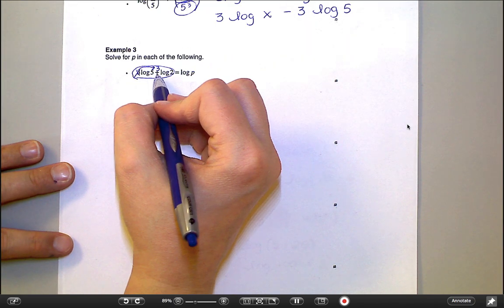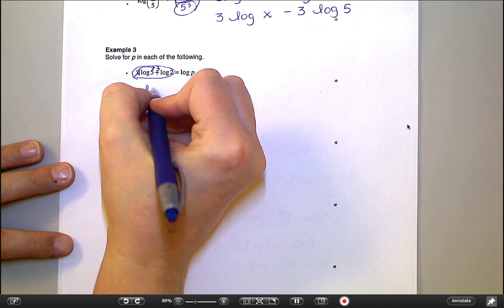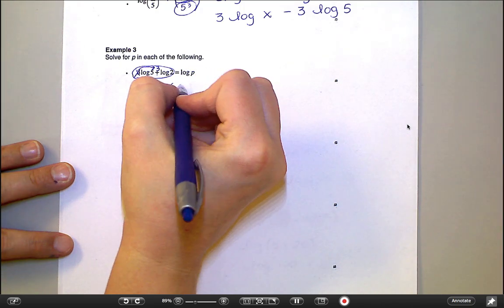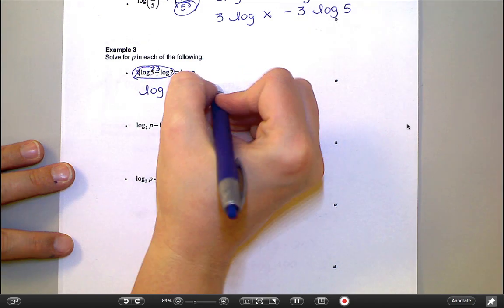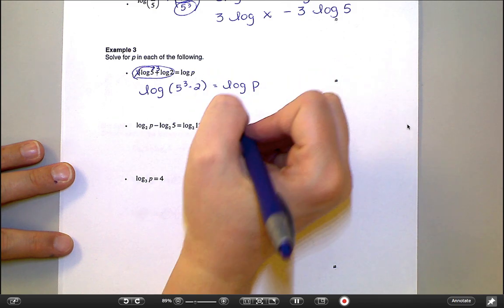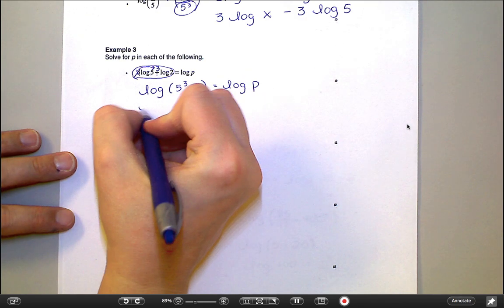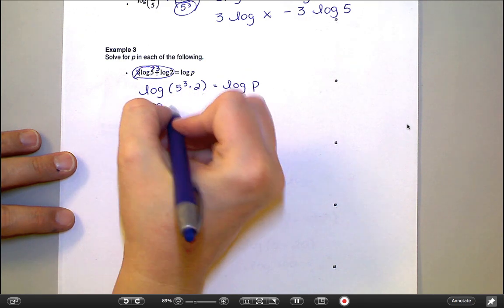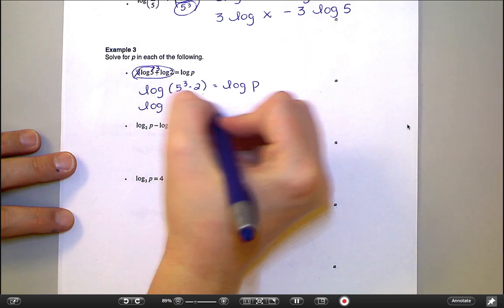And then because this is addition, I know that I can multiply these two things together. So if I rewrote that all, that would be log of 5 to the third times 2 equals log p. Okay. If I actually do the math inside there, that's going to be 125 times 2. So that's going to become log 250 equals log p.